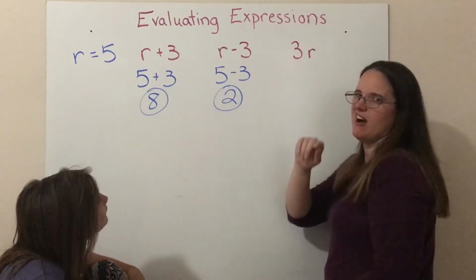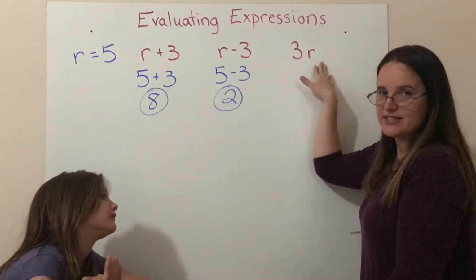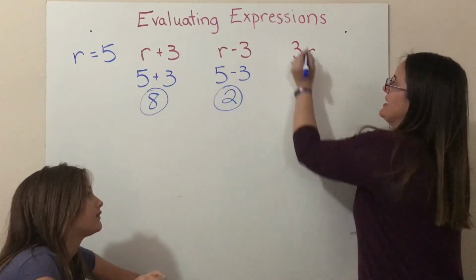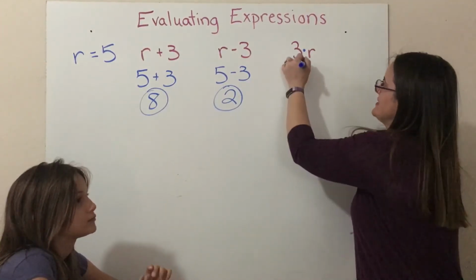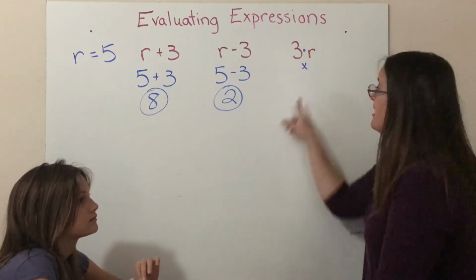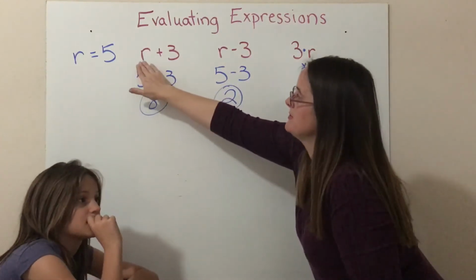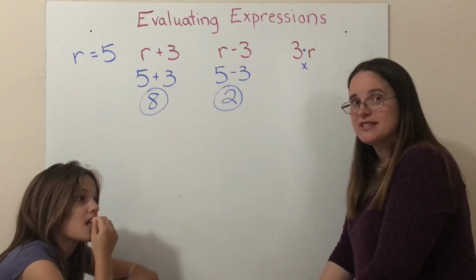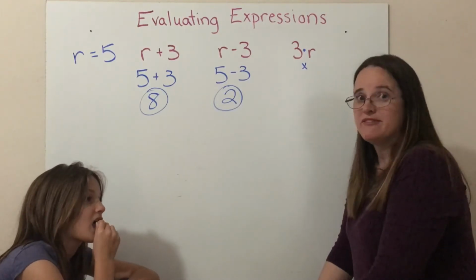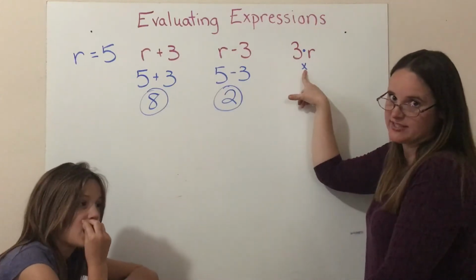Instead of 3r, this is another little tricky one. When we put a number next to a letter, we are saying to multiply. I use this little dot instead of the x because that looks just like an x. When we start to do problems that involve variables, which are letters that represent numbers, x is a really common variable, so it gets confusing if we use it for the multiplication symbol.